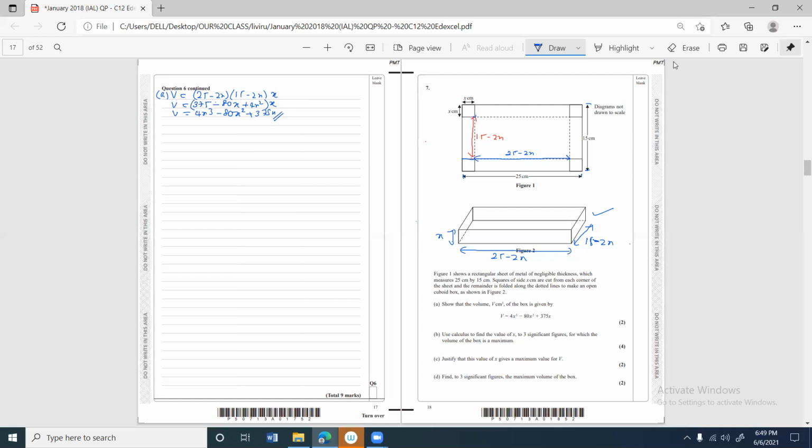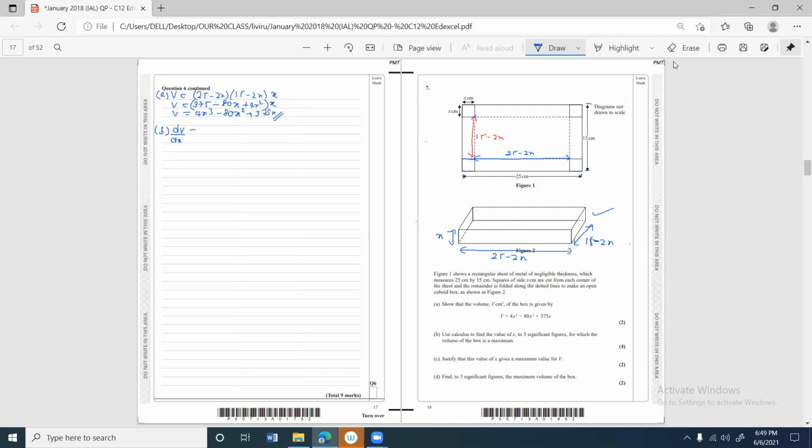Use calculus to find the value of x for which the volume of the box is maximum. It's a pretty simple question. When you're talking about a maximum, minimum, turning point, point of inflection or stationary point, all of them are related to the first differentiation.